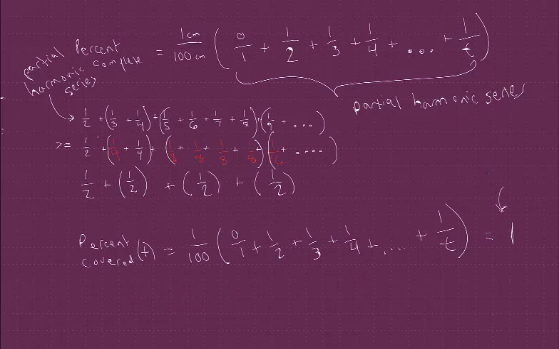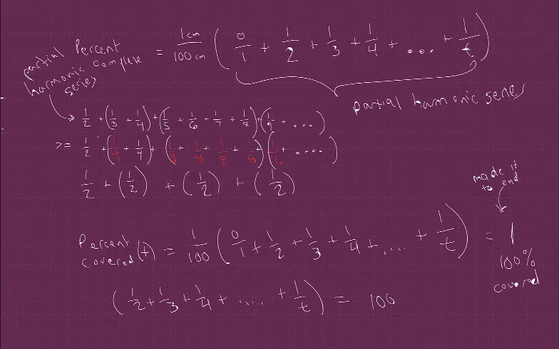This is made to end, 100% of the band covered. Okay, well, let's rewrite this as 1/2 plus 1/3 plus 1/4 plus and so on, plus 1 over t is going to equal 100, right?